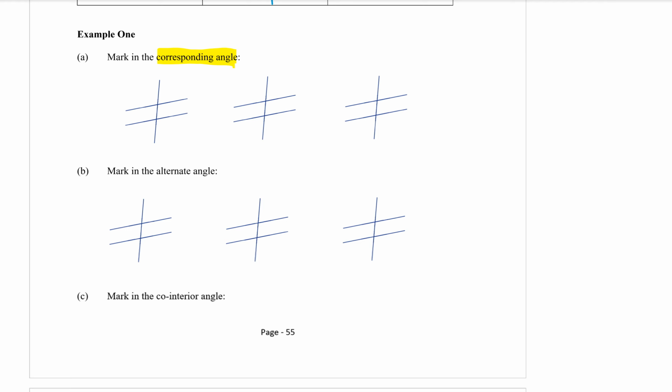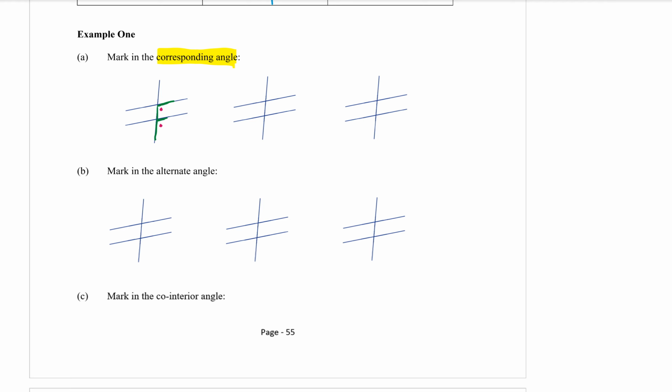So first of all, I could draw my F shape, because corresponding, remember, is the F shape if you look at your table above. I could draw an F on there. Okay, that would mean that this angle and this angle would be the same. You need to actually show the angles. The F shape is just to help you. You need to actually show where the angles are that are equal.